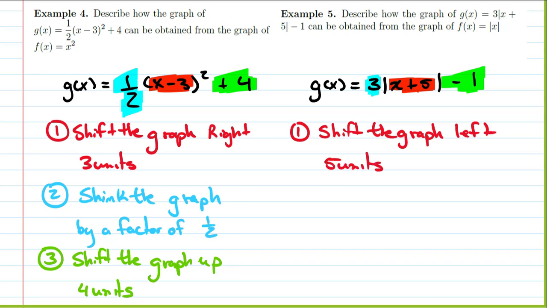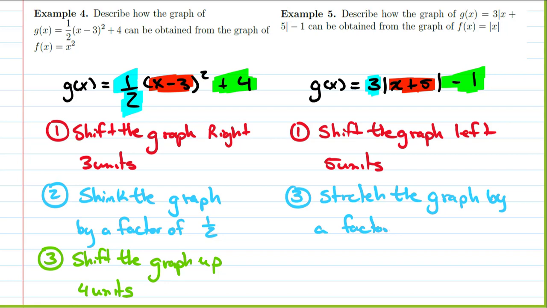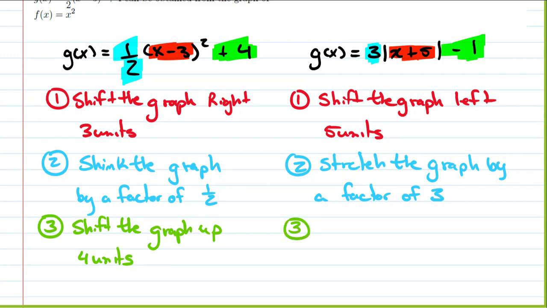The 3 is going to stretch the graph by a factor of 3, and the minus 1 is going to shift the graph down one unit.